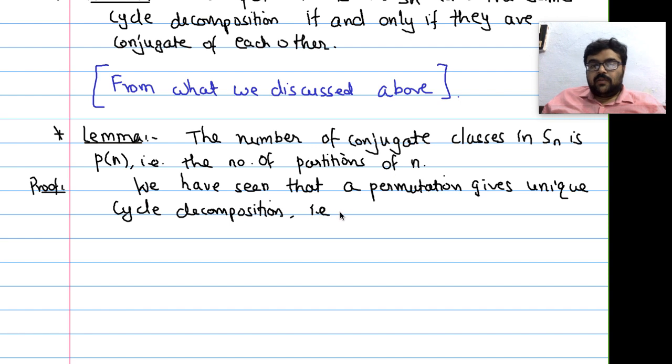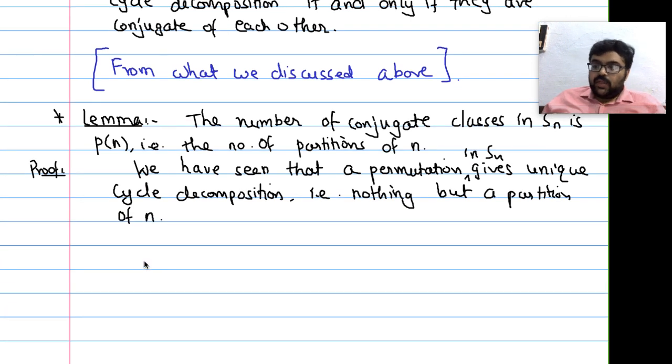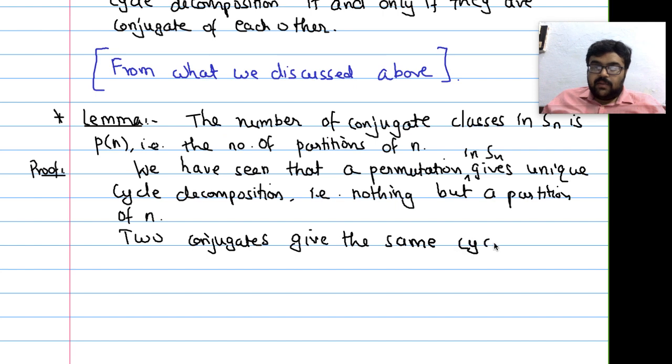That is nothing but a partition. So a permutation in Sn gives rise to a partition of n, right? And two conjugates give the same cycle decomposition. So if we have two conjugates, they give the same cycle decomposition. That means the same partition.